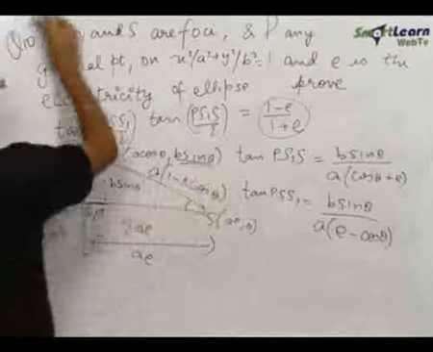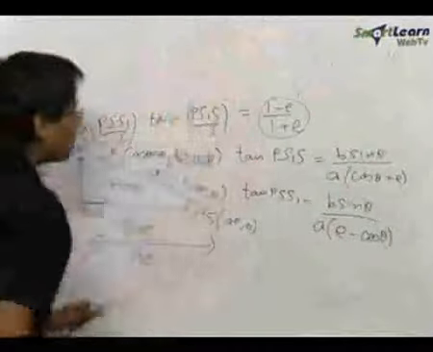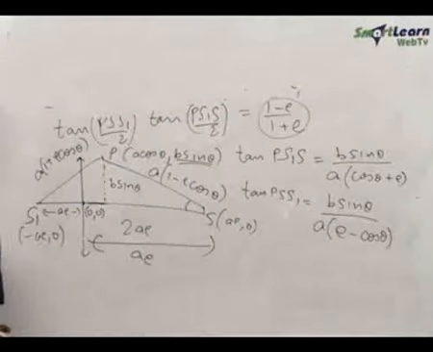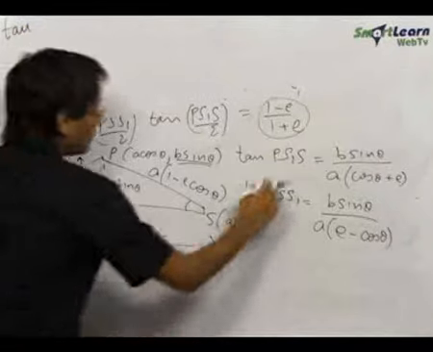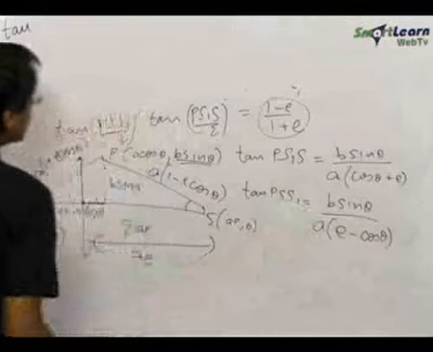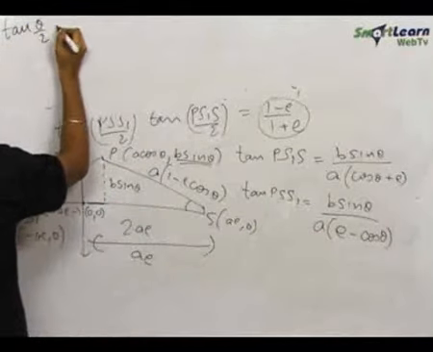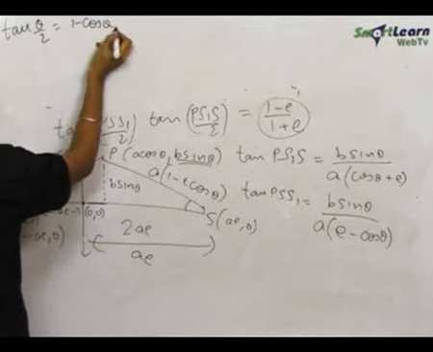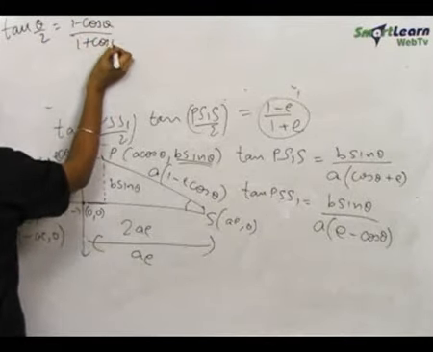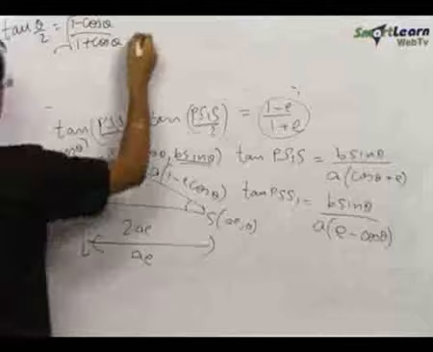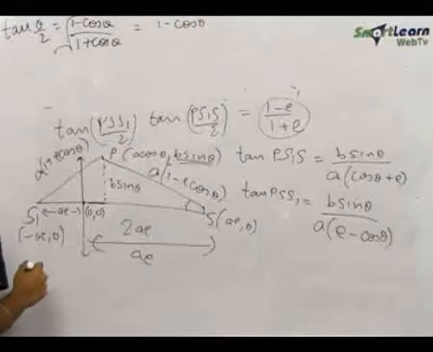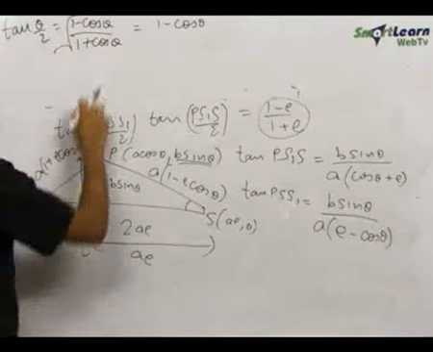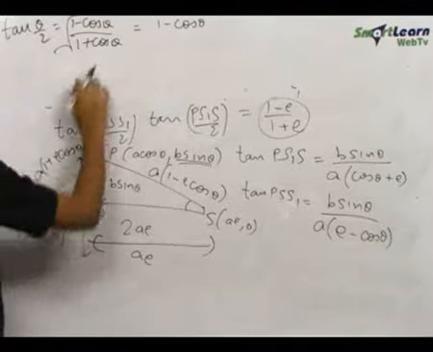Now we have got the tan of PS1S and PSS1, and we want to find the tan of PS1S by 2 and PSS1 by 2. So we know that tan of theta by 2 is equal to under root of 1 minus cos theta upon 1 plus cos theta. On multiplying 1 minus cos theta on both sides, this becomes 1 minus cos theta whole square upon 1 minus cos square theta, which is sin square theta.